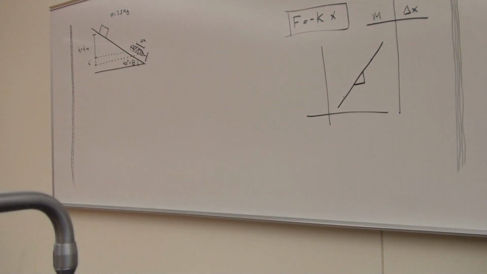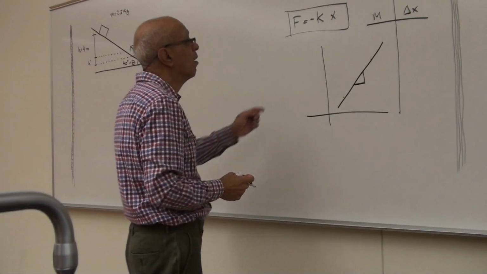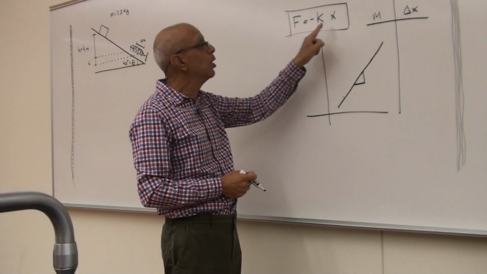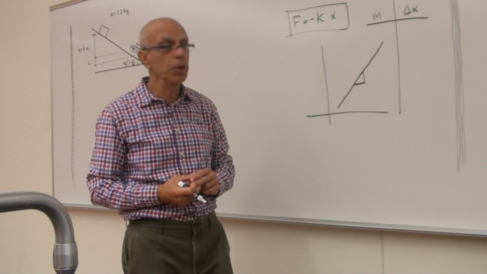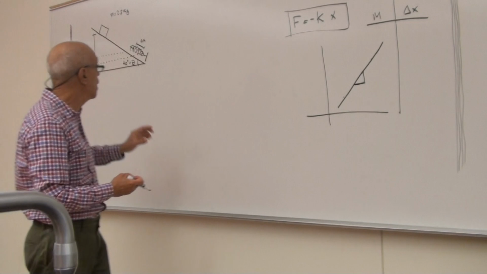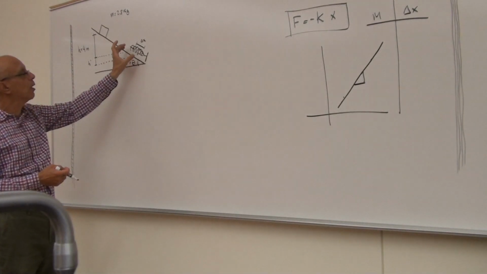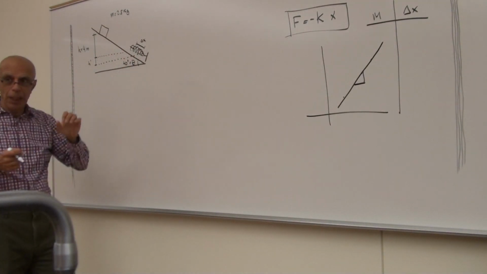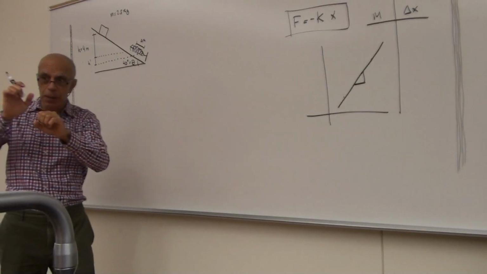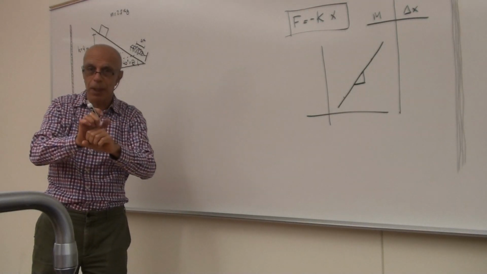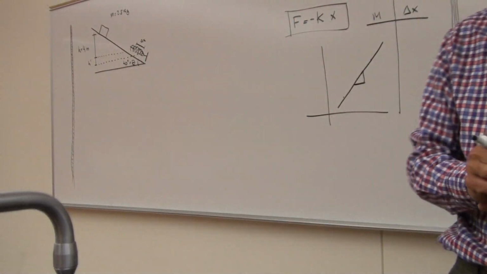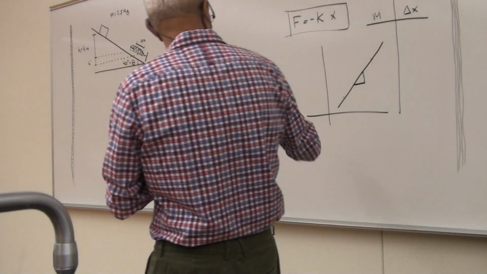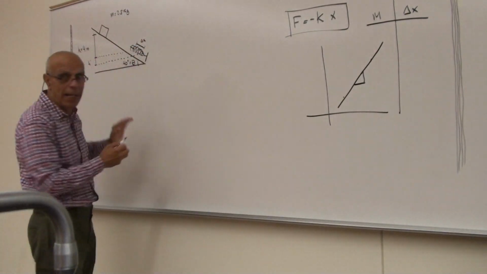Different springs, and we vary the masses. We're going to see that the force is proportional to the displacement. As the spring gets compressed, we're going to have this restoring force that is trying to push it back.